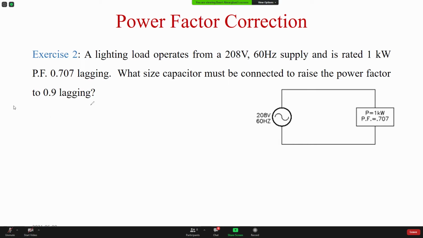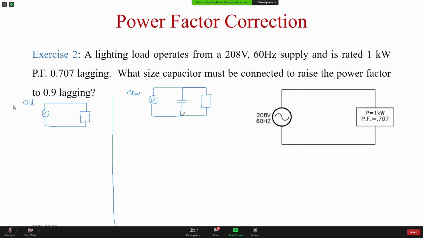So again, what I'm going to do, the old system, the new system. Now the old means just the load by itself. The new means when we add the capacitor. You can see now the procedure is exactly the same.